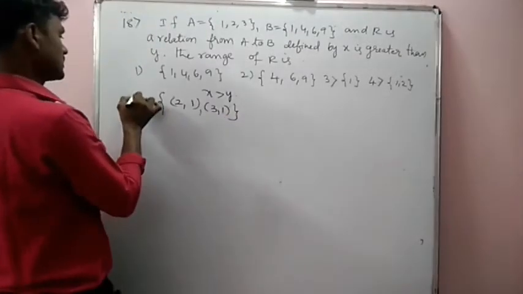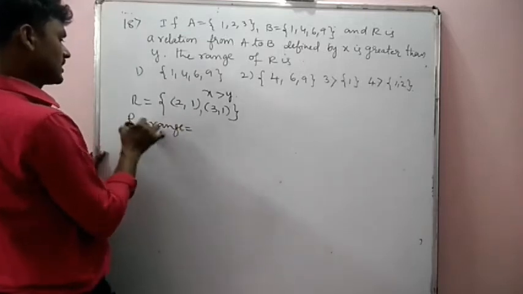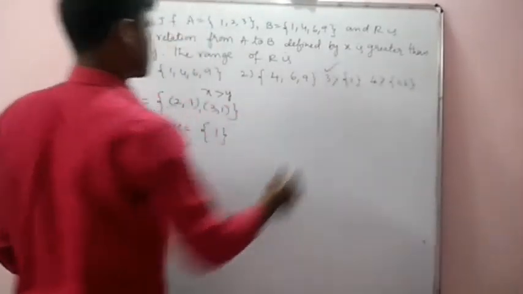Then our range of R is equal to only the set of 1. Set of 1 means this is the third option.